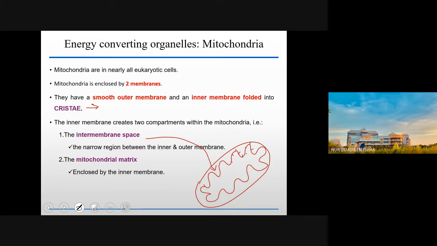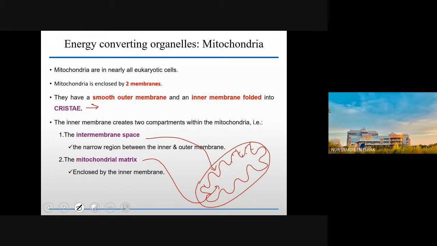In chapter 5, we are going to look specifically at the role of this intermembrane space in the synthesis of ATP molecules. And then you have the mitochondrial matrix, which is enclosed by the inner membrane. The mitochondrial matrix is also involved in the process of cellular respiration.